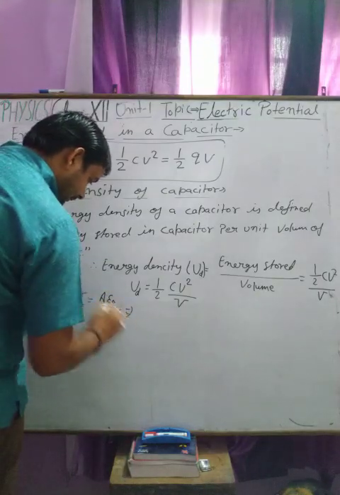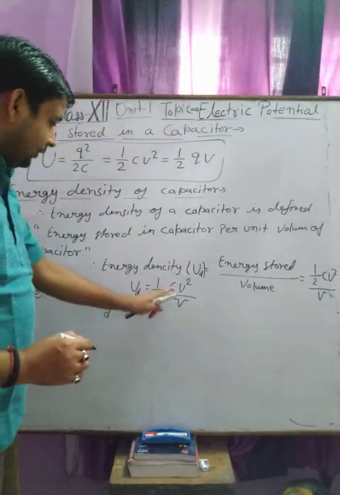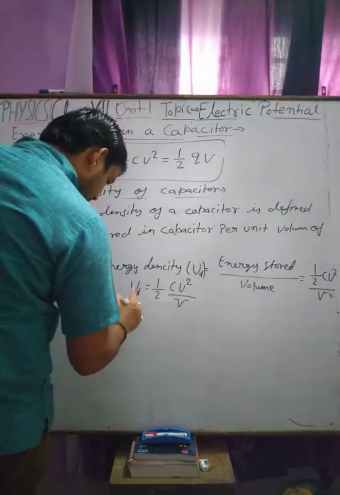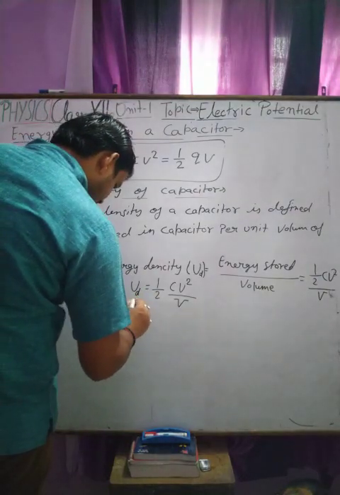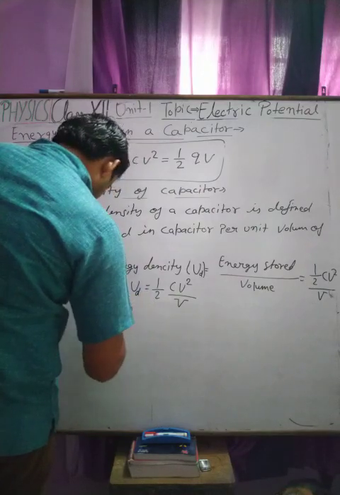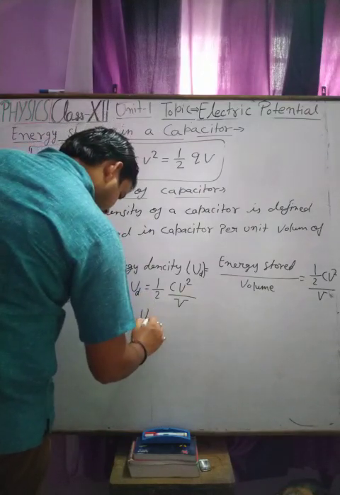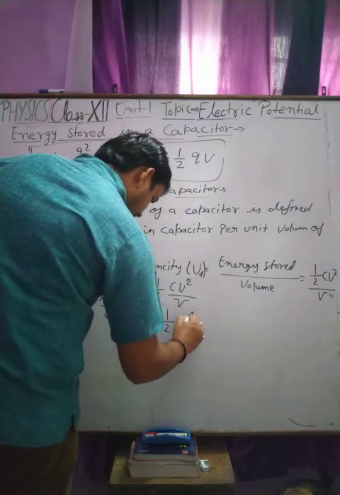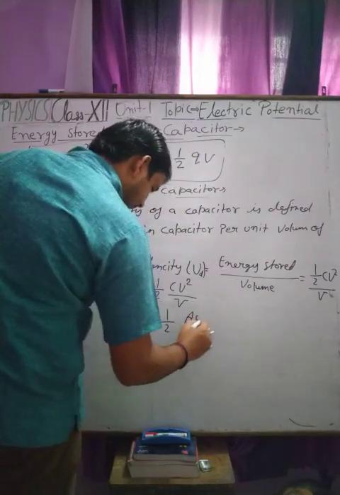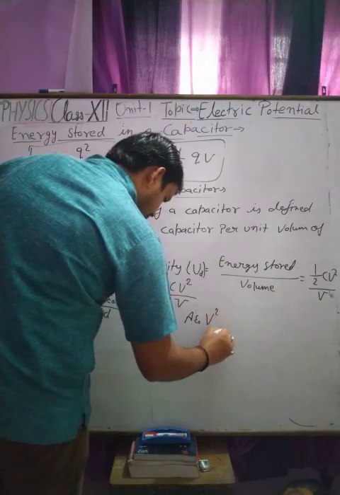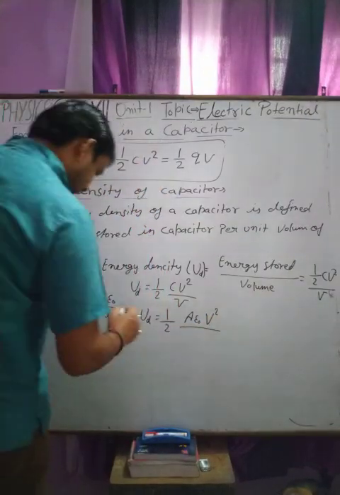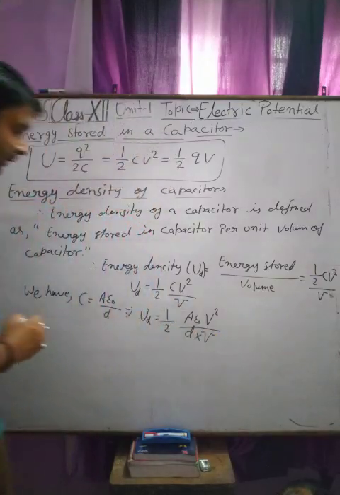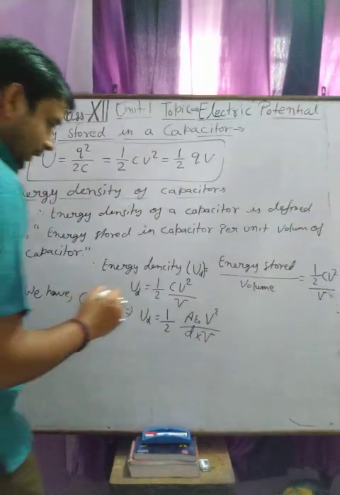Therefore, on putting this value here, we get UD is equal to half A epsilon naught V square upon d into volume.